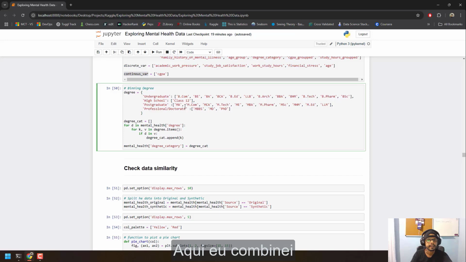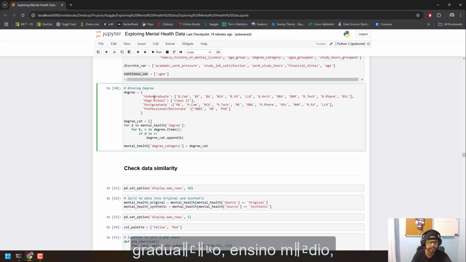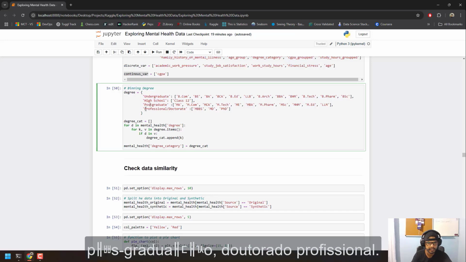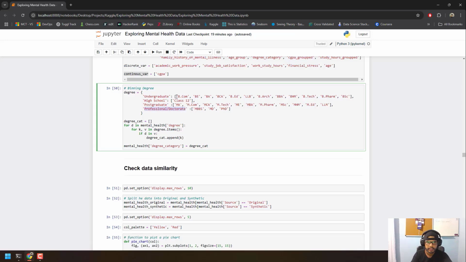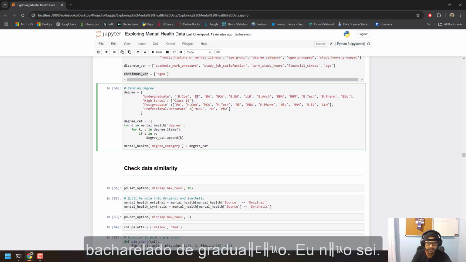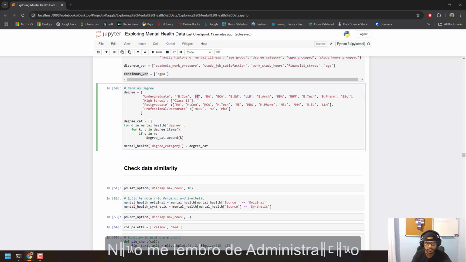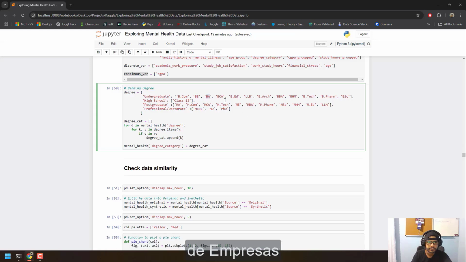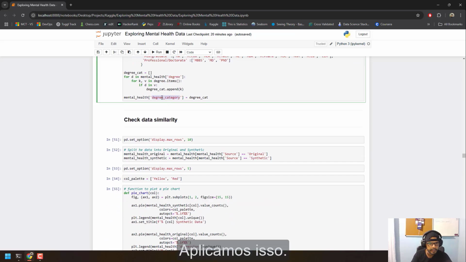Here I combined the degree into four types of degrees: undergraduate, high school, postgraduate, professional, doctorate. So bachelor of commerce is an undergraduate. Bachelor of business administration, and so on. Master's degree, or master's and PhD. We apply this.